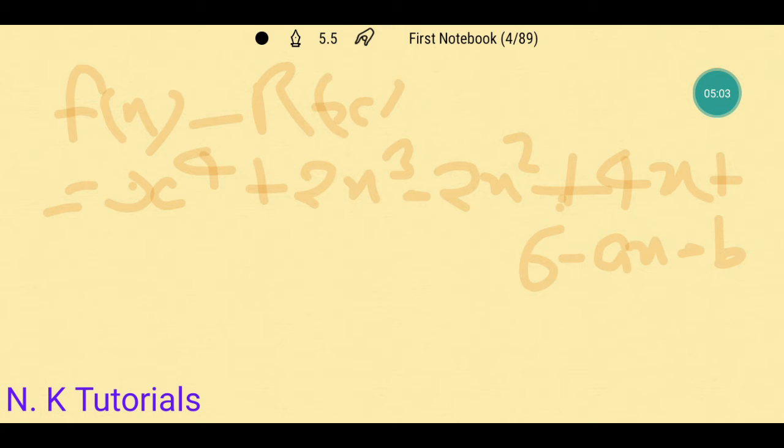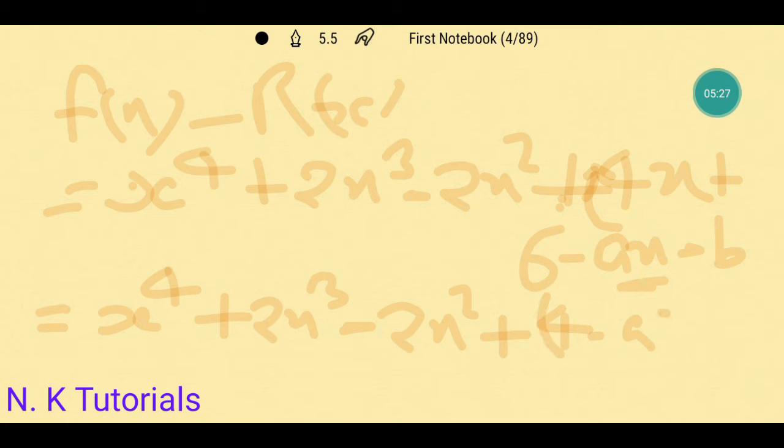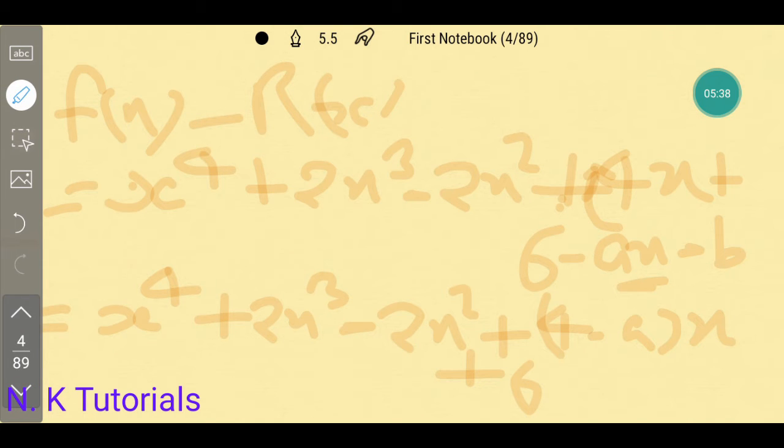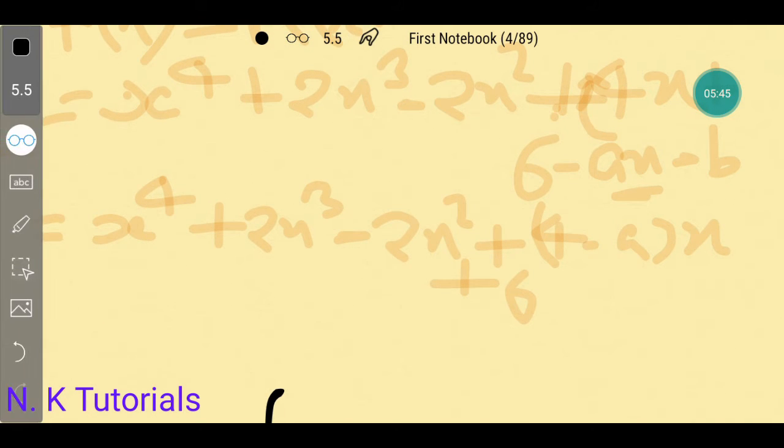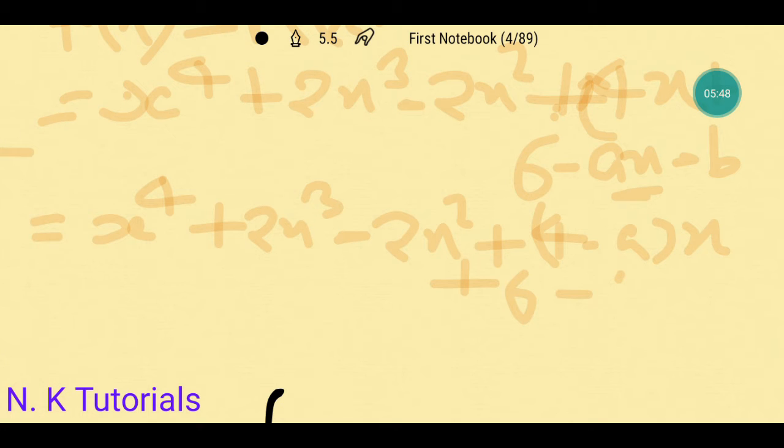So if we go further, it will be written as x to the power 4 plus 2x cube minus 2x square plus, this will be subtracted here, so it will come 4 minus a into x plus 6 minus b.